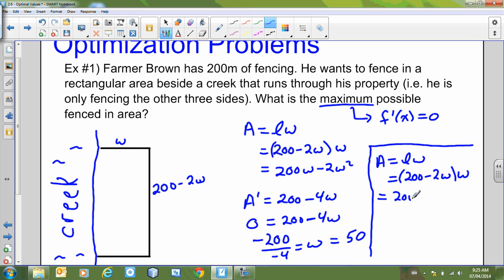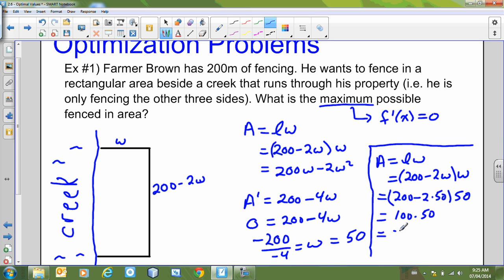So this is 200 minus, and of course you could have figured this out just kind of logically and finished the question that way as well. If I'm using 50 here, 50 here, I have 100 left. And so I'm going to get 100 times 50. Those are the actual dimensions.